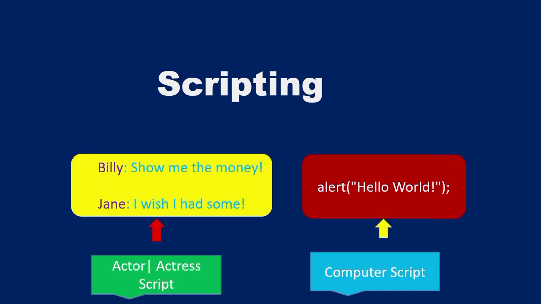Actors and actresses are provided with a script to tell them what to do and when. In computer programming, the approach is similar in that computers are given instructions to perform certain tasks and when to do them. Just like you would normally read a book from left to right and from top to bottom, computers read instructions in a similar way.